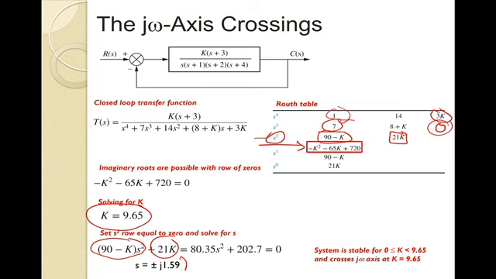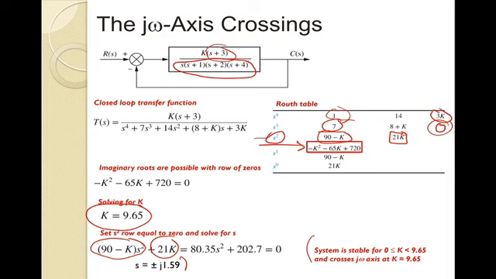And so what we can say is our system is going to be stable when k is less than that value of 9.65, and it crosses at 9.65. So here's another way of saying it. If I were to plot all of these poles right here, a pole-zero mapping, what you'll see is I have poles at 0, -1, -2, -4, and then I have a zero here at -3.